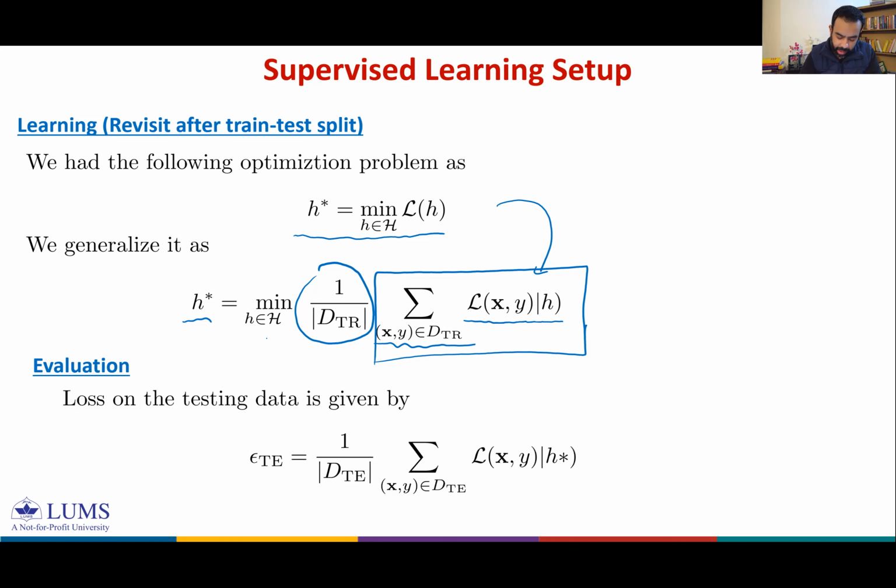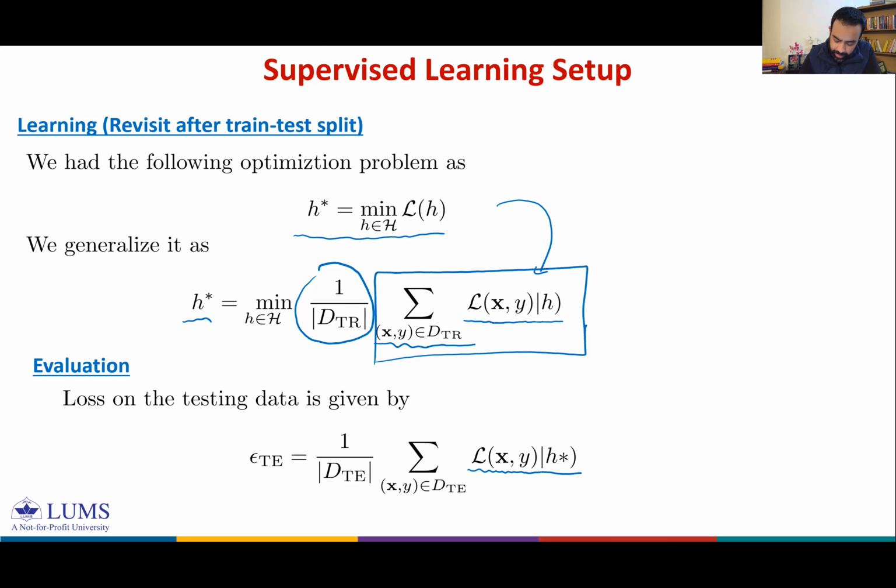And once we have this H star, we evaluate the loss in the testing data by evaluating the loss function on every point in the testing data. So the loss function for every point in the testing data given H star, sum over all the points in testing data, and divide by the number of data points in the testing data.